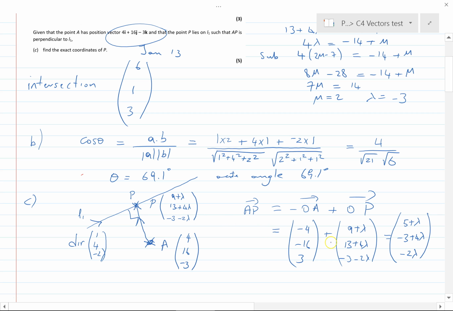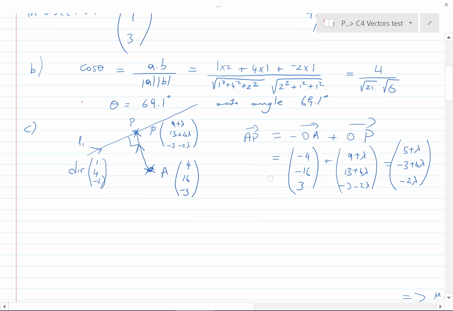So that's an expression for AP, but it depends on what position on the line, and we want the particular value of lambda where the dot product is equal to 0. And then once we've got the value of lambda, we're fine.